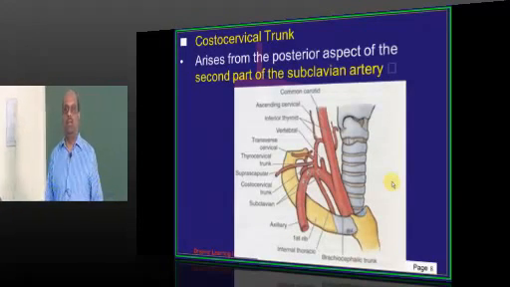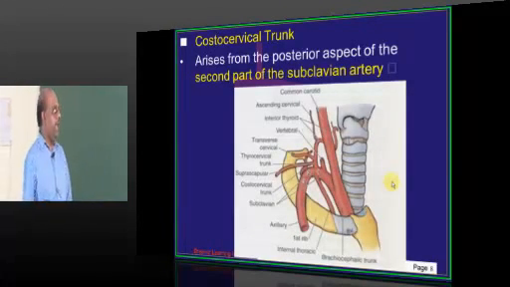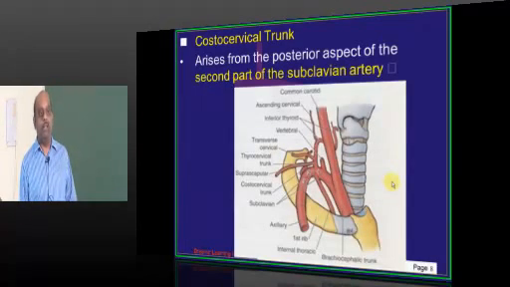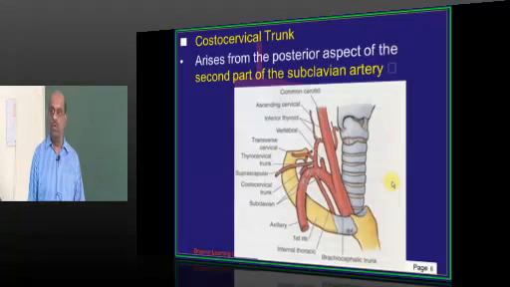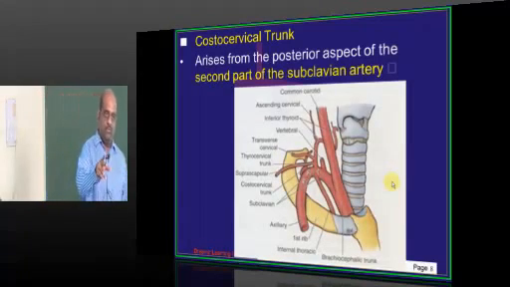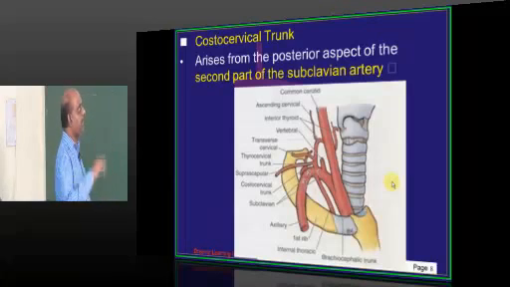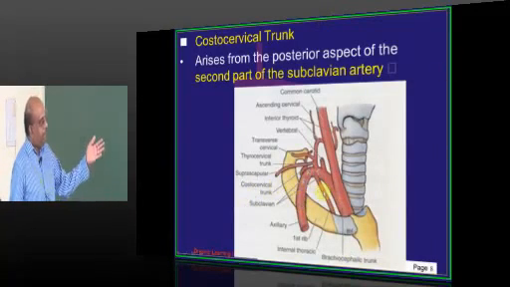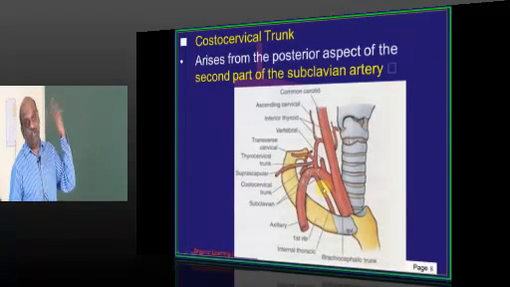Now, the second part of the subclavian starts. So what are the branches? It gives rise to the costocervical. So the thyrocervical trunk comes from the first part, the costocervical comes from the second part. But from which aspect of the subclavian does it come? From the posterior aspect of it.